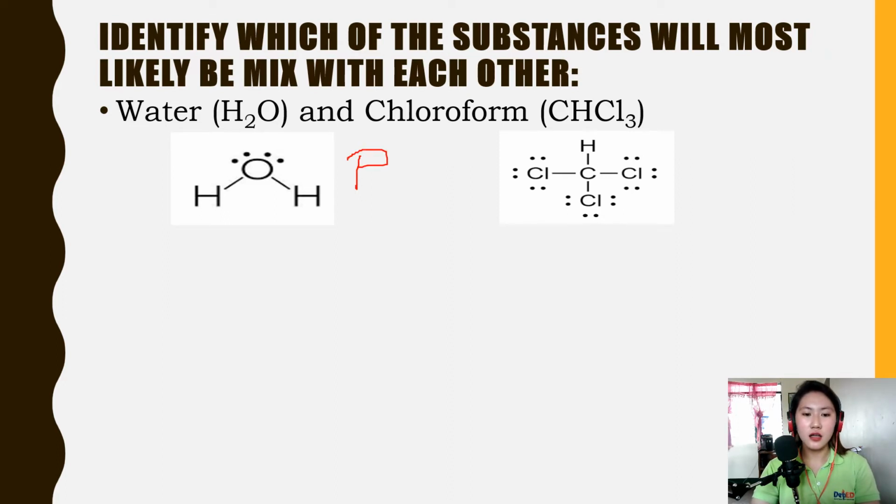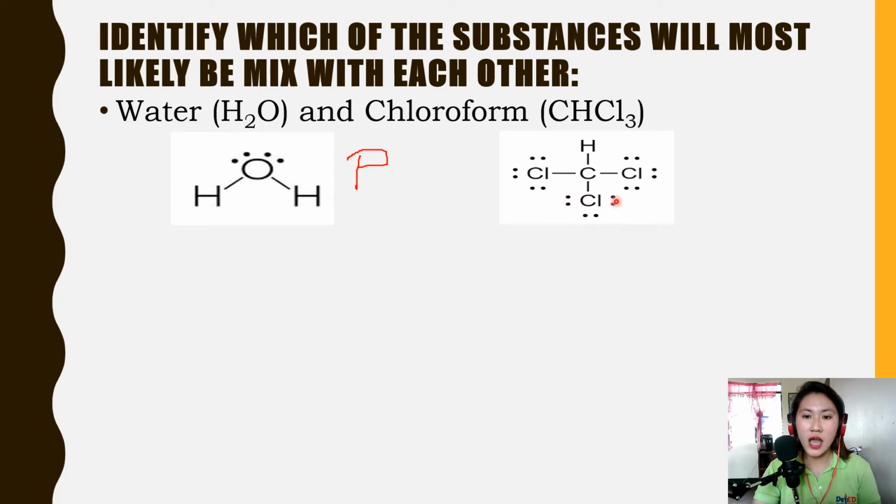Next we have CHCl3, or chloroform. As you can see, all of the valence electrons of the central atom are bonded with other atoms, right? But we have here hydrogen, which is not the same as the three Cl.